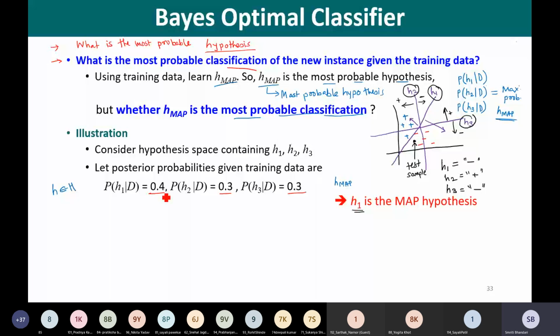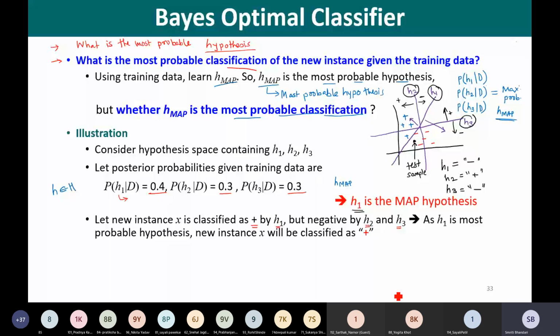And now the new instance comes in and we classify that new instance X. So as H1 is the most probable hypothesis, we are going to classify the new instance according to H1. And let us assume that H1 is classifying the new instance as class positive. But the remaining two hypotheses H2 and H3, they are classifying the new instance as negative.